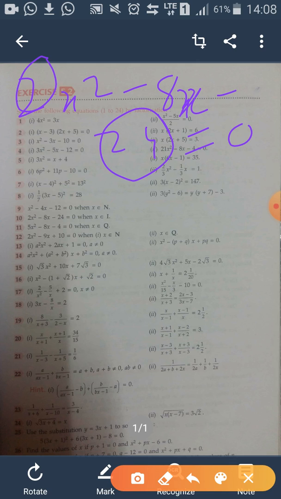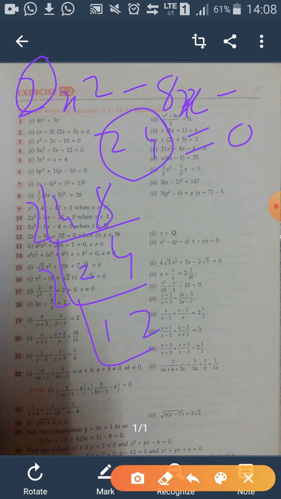After multiplying 24 and 2 we get 48. Let's prime factorize 48: 24, 12, 6, 3, 1.